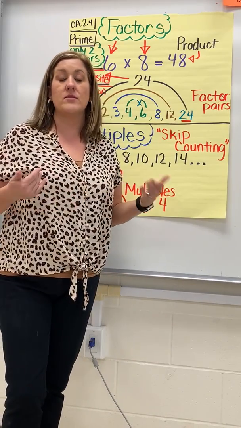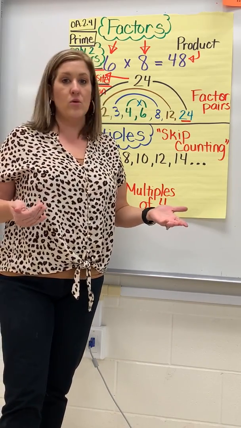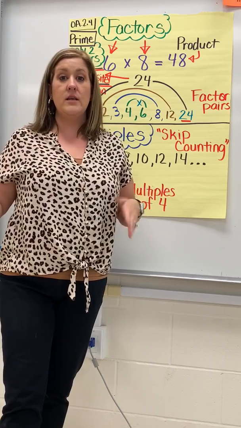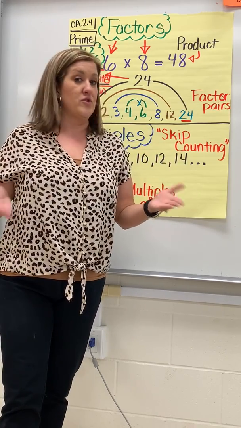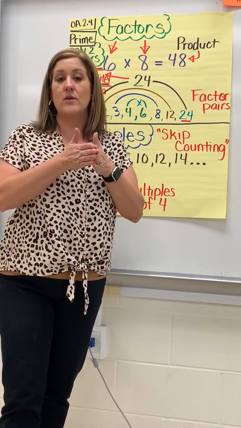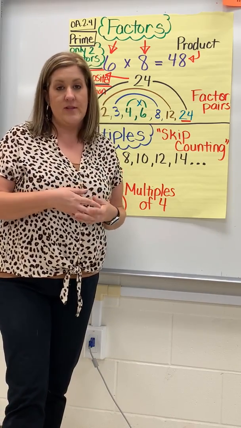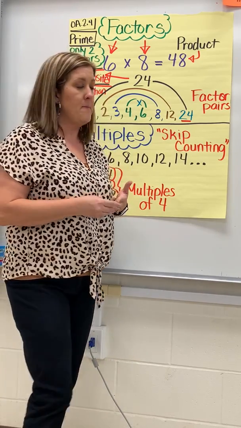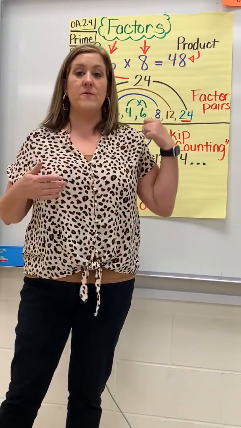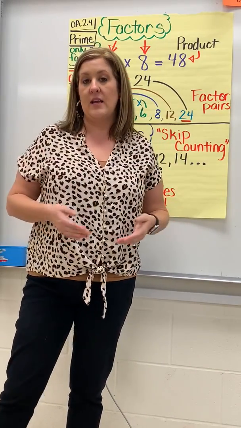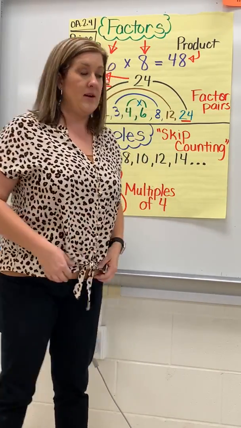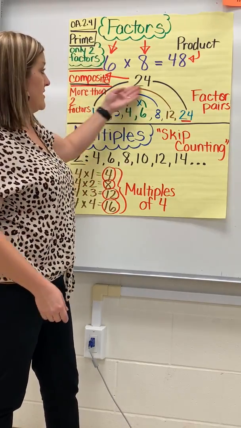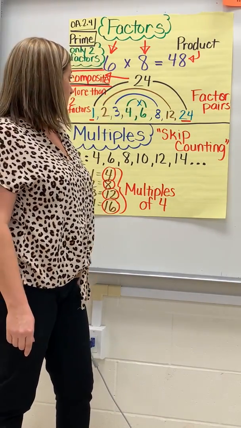For example, the number 7 is prime. The only factors for 7 are 1 and itself. There's no other factors that would be multiplied to equal 7. So 7 is a prime number, okay? So as we do factor rainbows, we also decide, is the number prime or composite? In this case, 24 is composite.